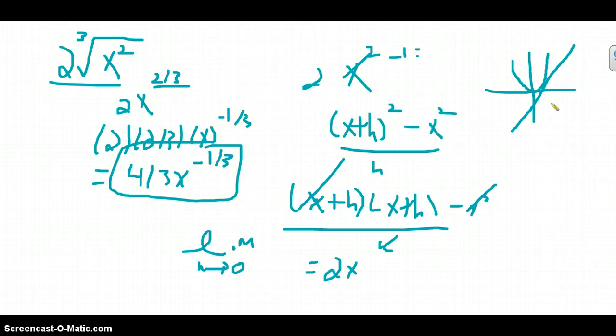Okay, so the derivative is always the slope of the tangent line to that. So whenever you plug in your calculator, it should look something like that. Whatever function you have, it should be going like a tangent. That is how you use the power rule in order to find derivatives more easily.